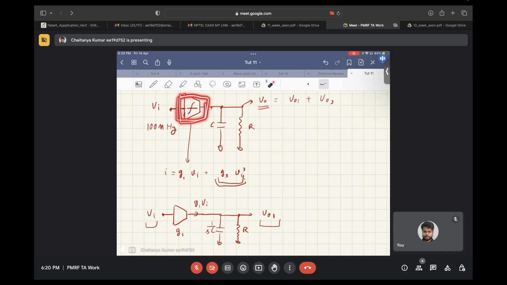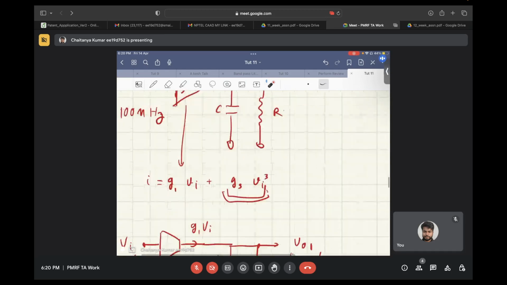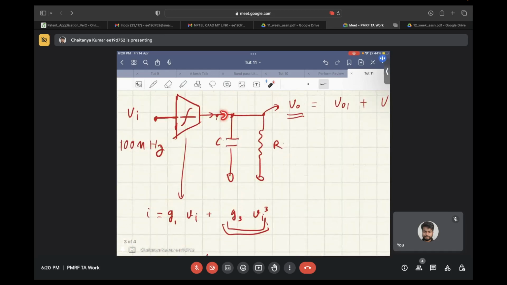Assume this transconductor was linear. What we need is the total current that is flowing as the output. To find it, first you will remove this term completely and find only the linear component that is flowing into this.